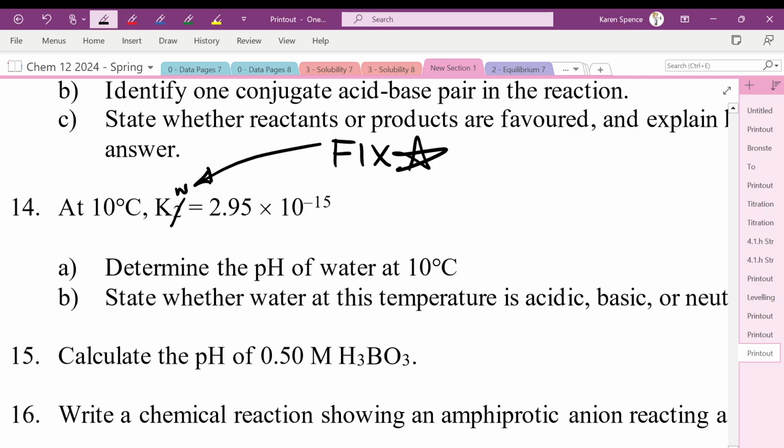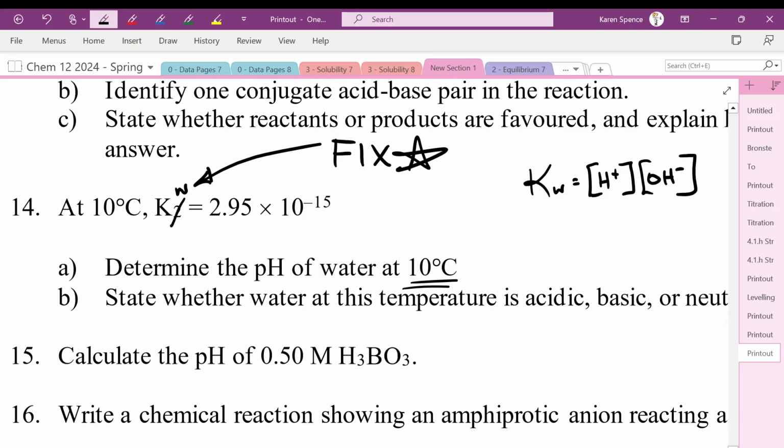All right, now we need to determine the pH of water at 10 degrees Celsius. Now, what is KW equal to? KW is equal to, not the number, but the formula. It is equal to the concentration of H times the concentration of OH, because it is the equation for the dissociation of water, okay?